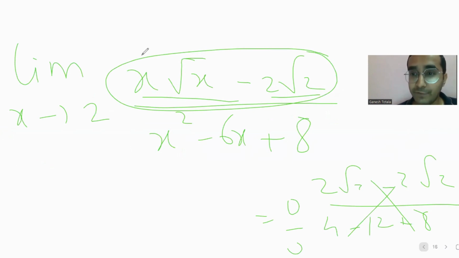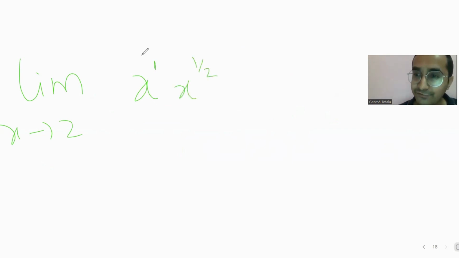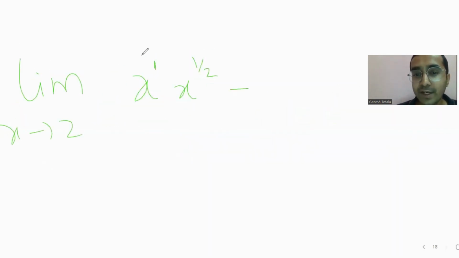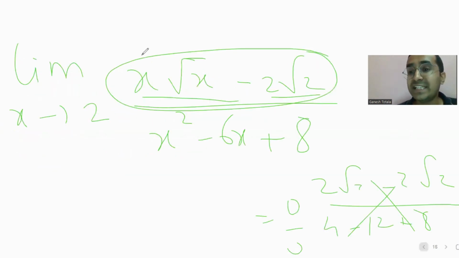So, what we will do is, x, I'll keep it as it is. So, limit as x is tending to 2 of x as it is. X, I can write as x to the power of 1. Root x, I can write as x to the power of half. Minus, this 2 root 2 also I can write in the same way: 2 raised to 1, 2 raised to half, divided by x square minus 6x plus 8.